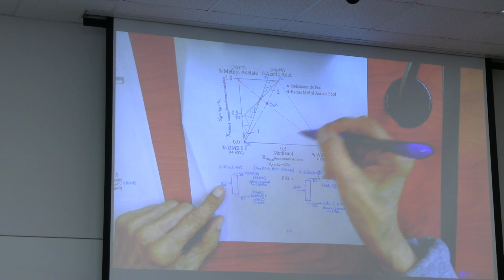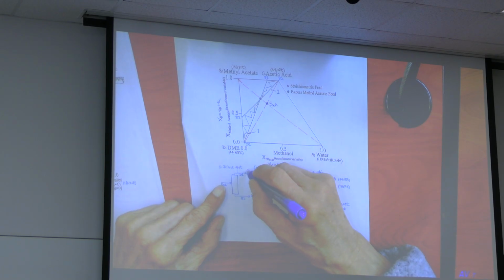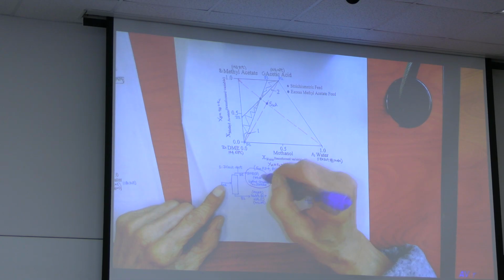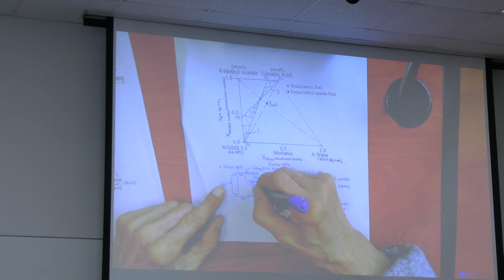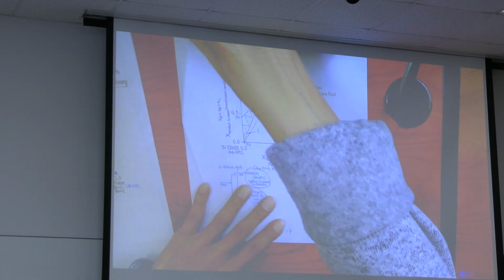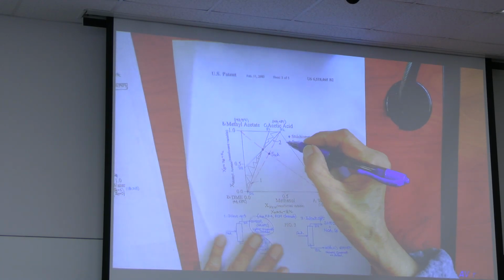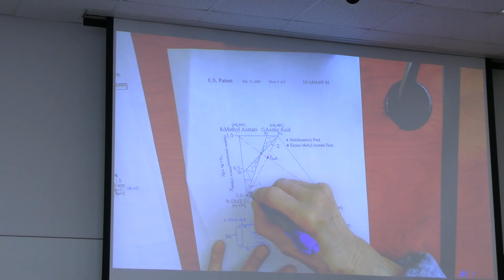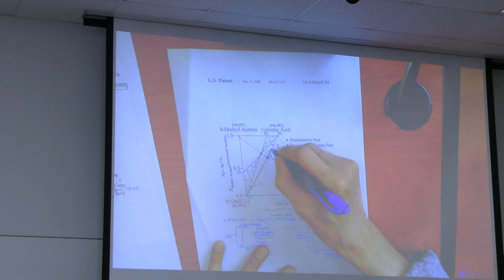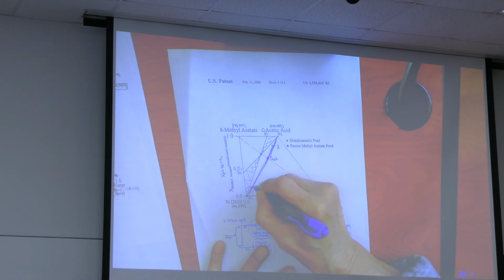You want to produce direct split. DME 44.68. Distillate. Methyl acetate 143.9. D1B1. So, this is the direct split. Direct split.